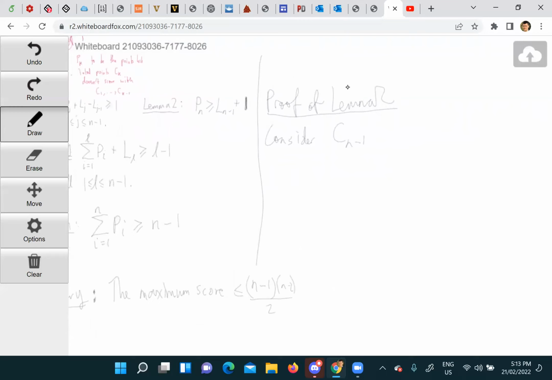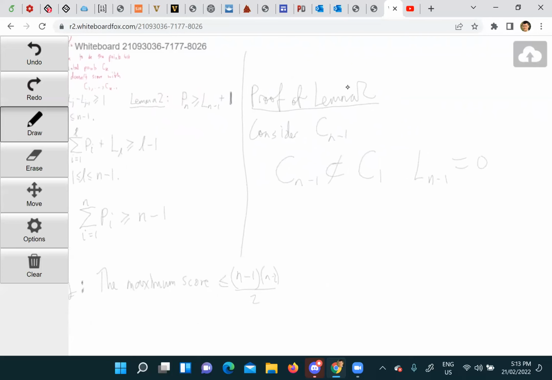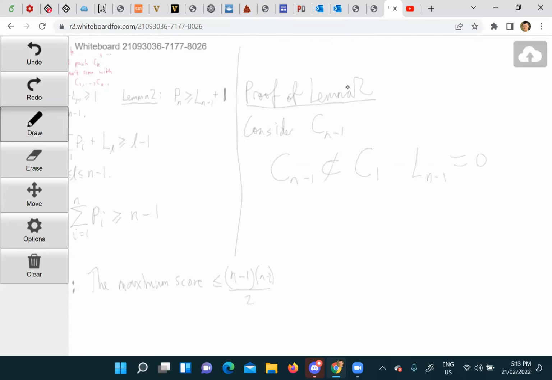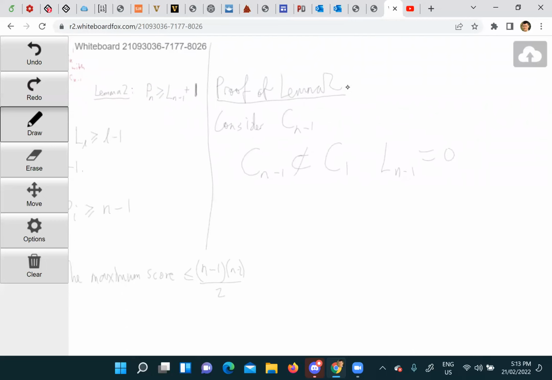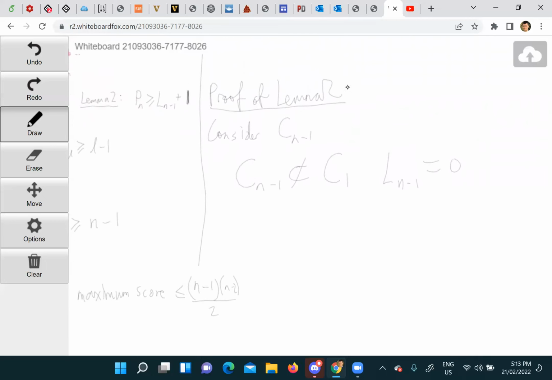So kind of like Randall was saying, there are a few cases, right? So consider Cn minus 1. It could be not contained in C1, in which case the level is 0. It could be contained in C1 but not in C2.